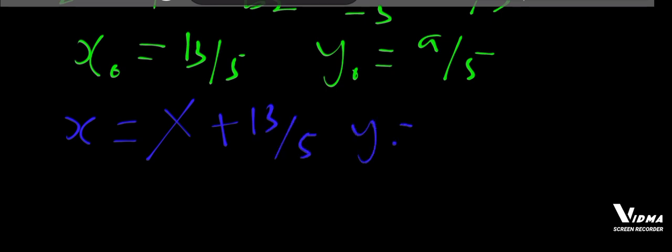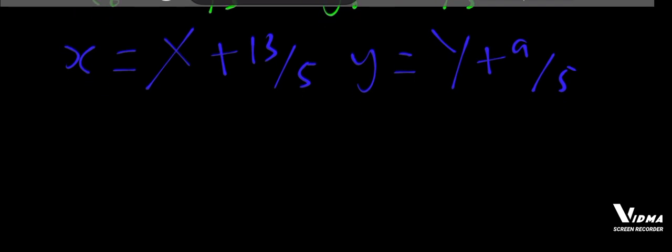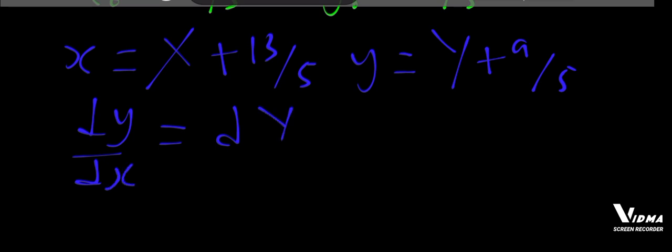And my small y is going to be capital Y plus 9 on 5. And the same way, I'm going to change my dy dx to be the capital Y over the capital X.